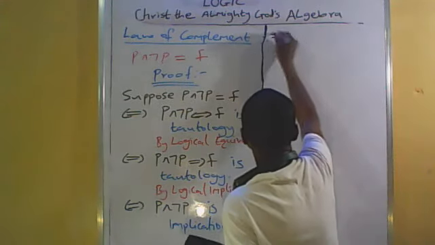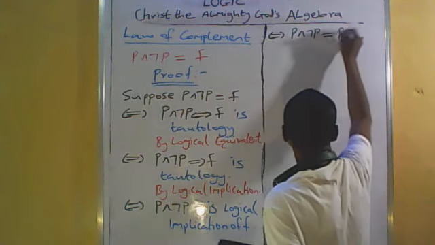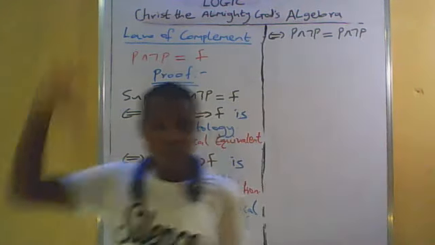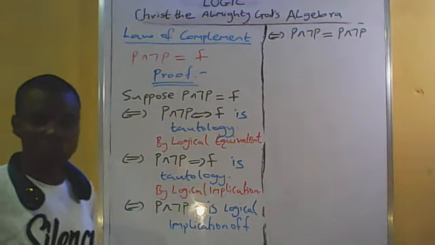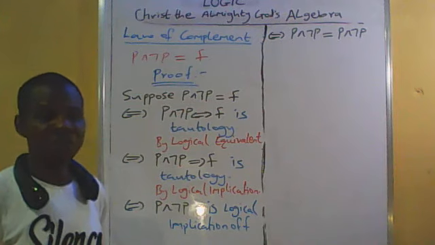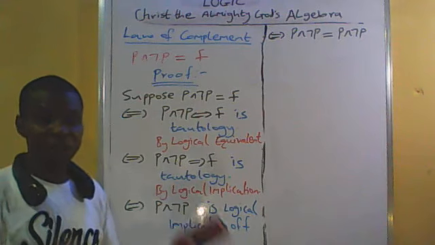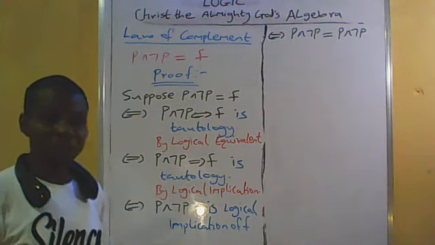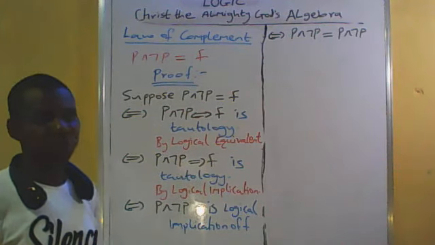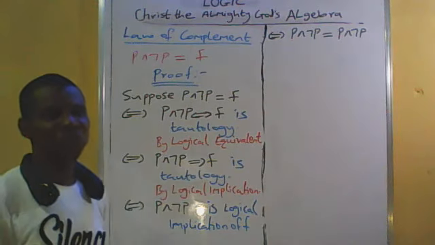So if and only if P and not P is equal to P and not P. So it is true that the logical implication is equal to itself. It is true, because whenever the left side of P and not P is false, the right hand side of P and not P is also false.